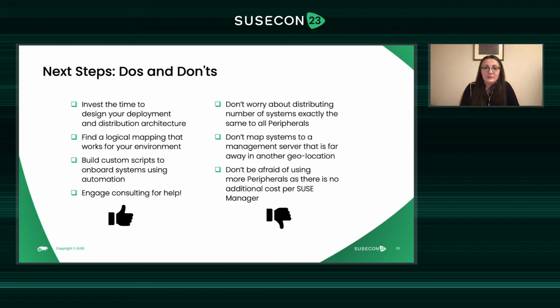So you could have 10 peripherals if you need them, right? The only cost to having more peripherals is managing the content synchronization between the hub and these peripherals, and the cost of setting them up and managing them. So that is the only overhead.